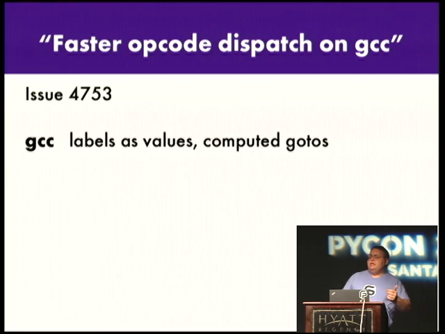They're actually available in GCC, Intel's ICC, and Sun Studio C. The one place where we don't have them, where we really want them, is Microsoft Visual Studio. So on Windows, we can't use this anymore. So it's actually switchable at compile time, whether you use this faster opcode dispatch stuff that I'm going to talk about, or whether you use this traditional switch statement inside of a for loop. The Python interpreter still supports both.